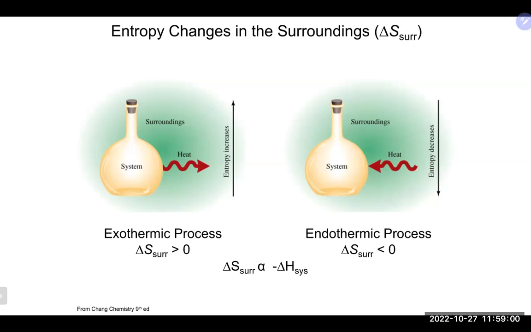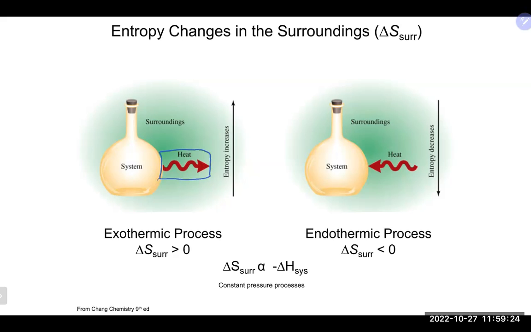All right. So let's talk a little about entropy changes to the surroundings. Energy and temperature do have an effect on the entropy change that we would see in the surroundings. For example, here on the left-hand side, we have an exothermic process. Our system is releasing heat and energy to the surroundings.